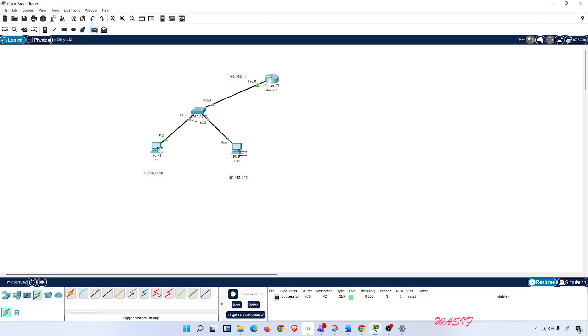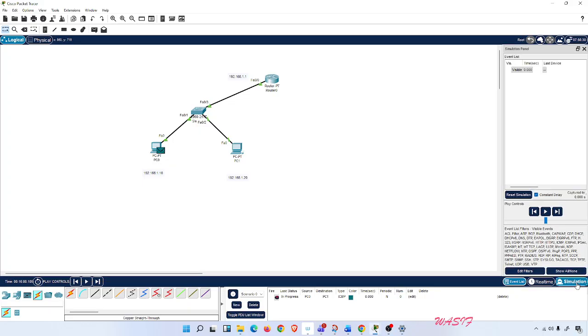Let's send a packet from here to here. You see it is successful. Now if I want to send a packet from here to here, it is successful. If you come to the simulation and play, if you look at here, the packet is sent from there to there, and the packet is sent from here to here, and you get a reply.